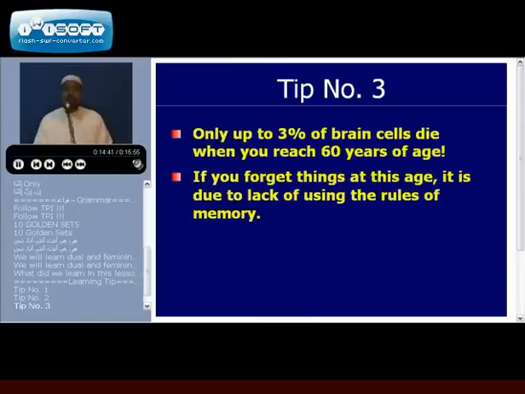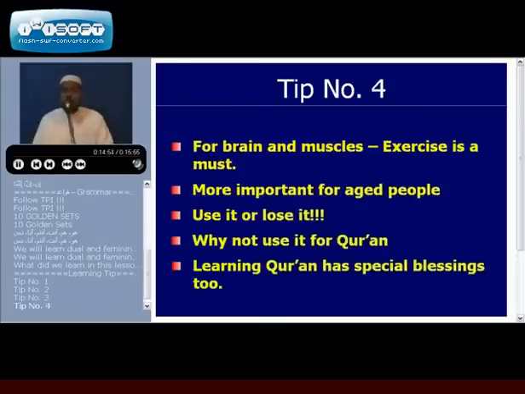And lastly and more importantly, for brain as well as muscles, the formula is use it or lose it. If you don't use it, your brain will not remain healthy.